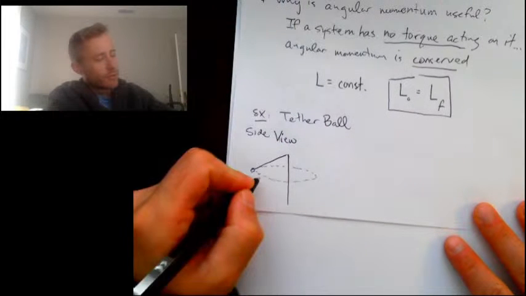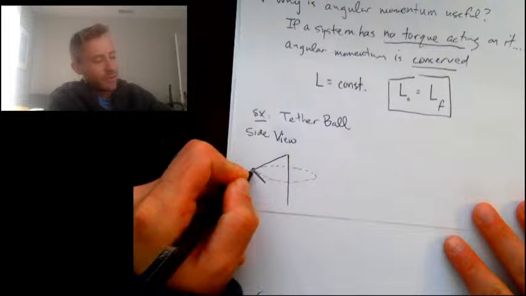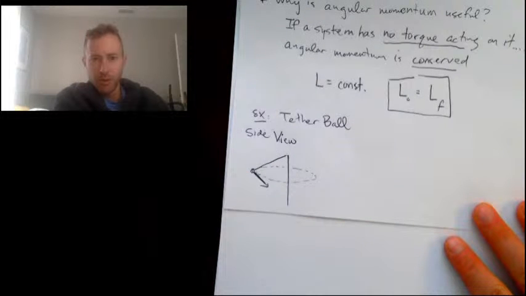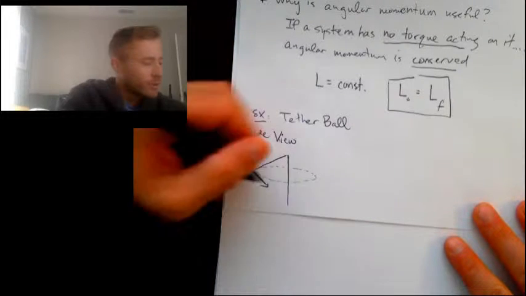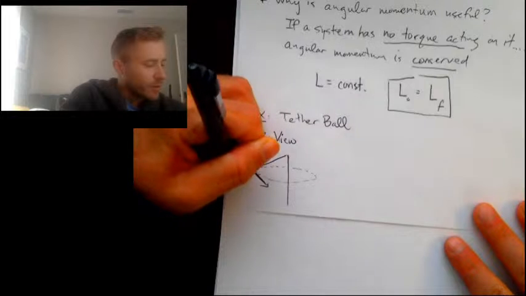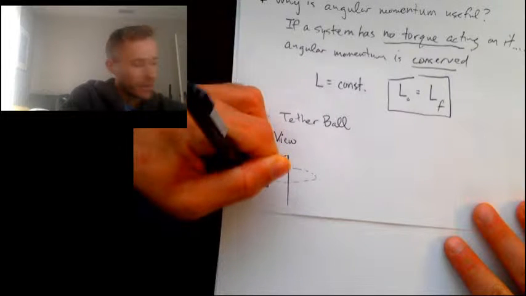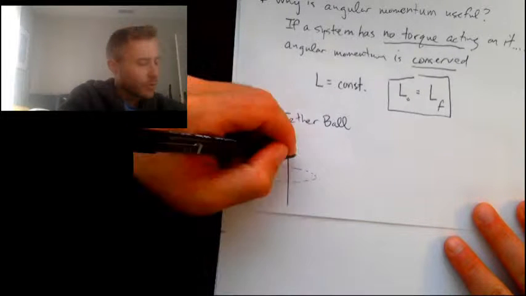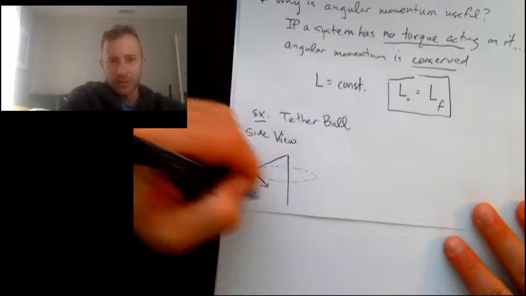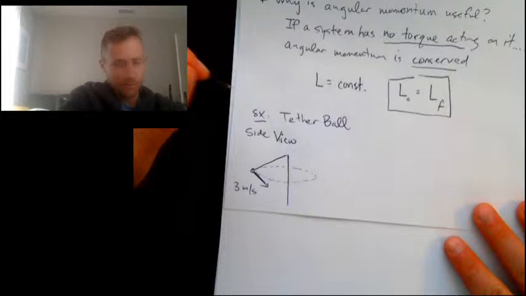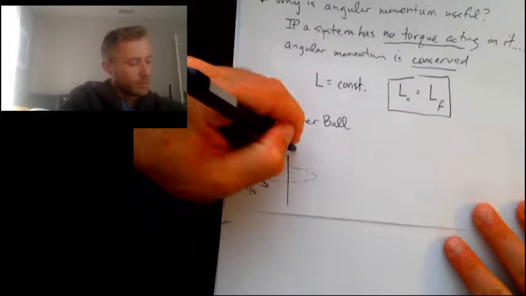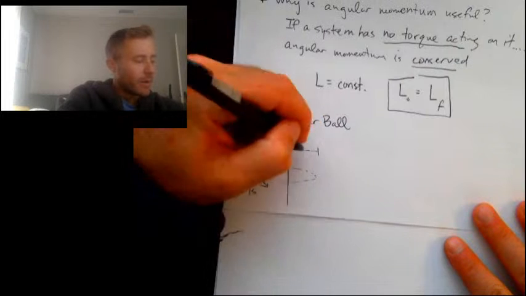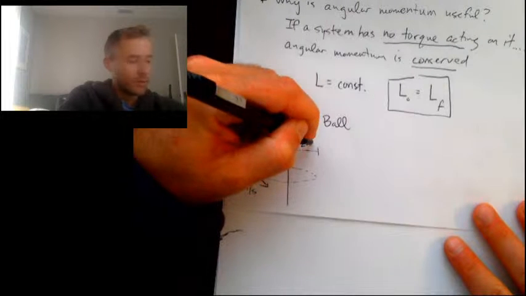Let's suppose at this instant the speed of the tetherball is, let's say, 3 meters per second. And furthermore, let's suppose that the radius of this circle that the tetherball is moving in is, let's say, 2 meters.